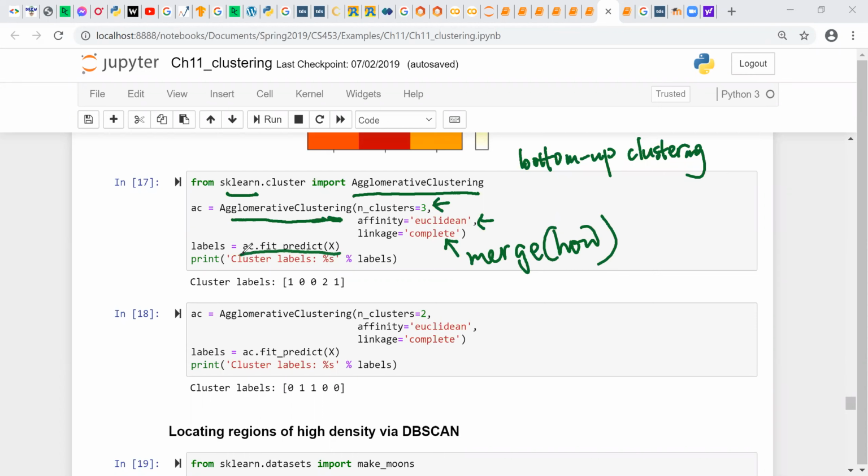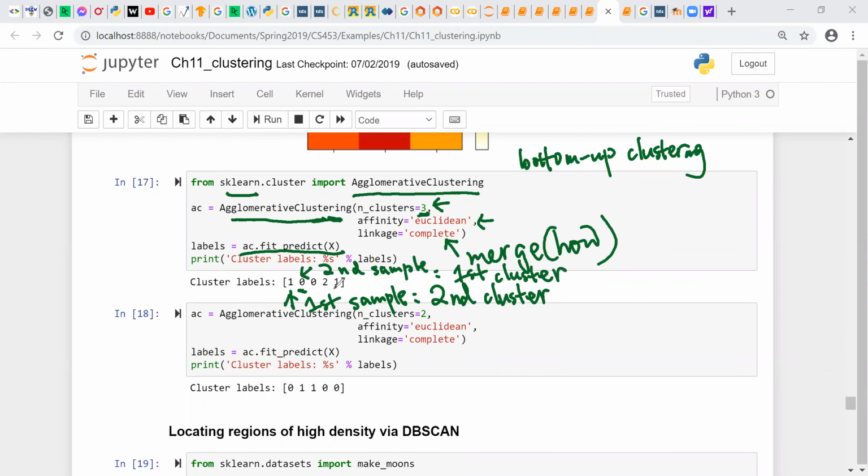Then you can predict. Because over here we have 3 clusters, this is the first sample, and from its cluster number we know it is the second cluster. Here is the second sample, and from its cluster number we know it is the first cluster.